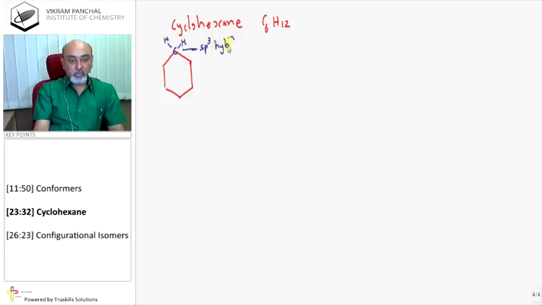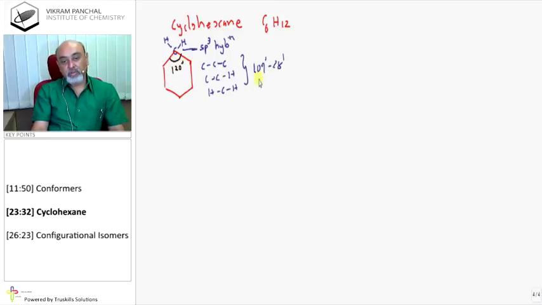In this case, the angle, whether CCC, CCH or HCH, should be 109 degree 28 minutes. But here the angle is 120 degree. So when the angle is different from 109 degree 28 minutes, you will experience angle strain.